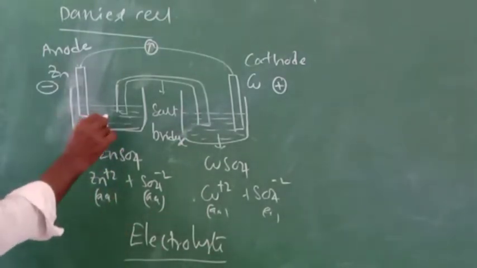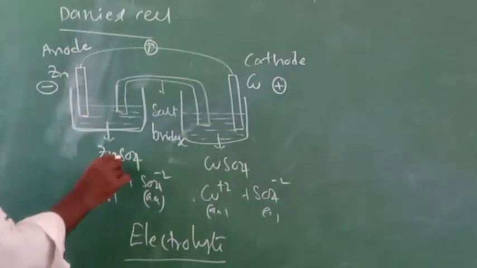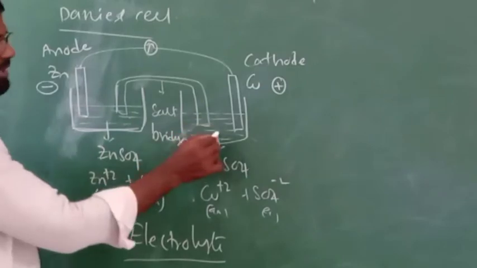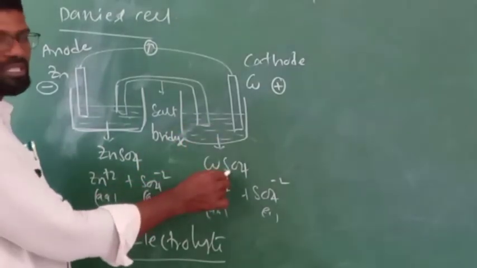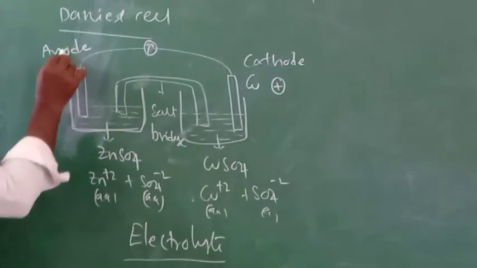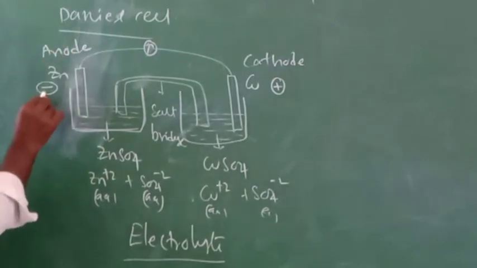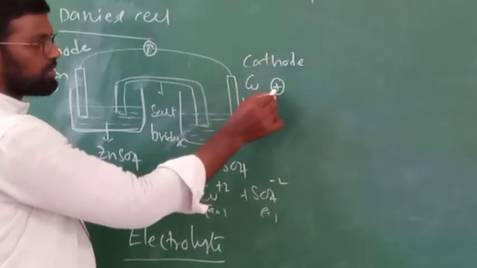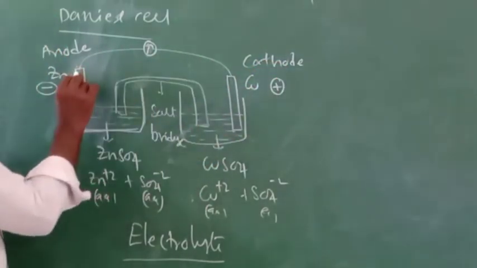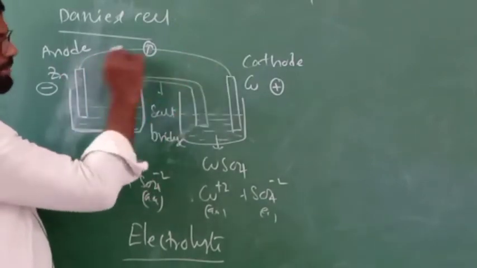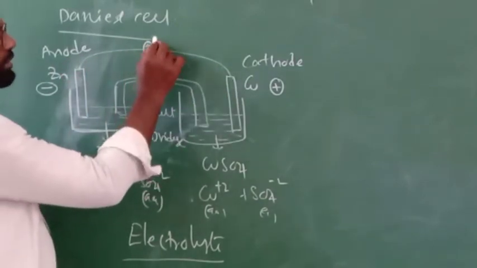In the first container in which zinc sulfate solution is present, the zinc rod is placed, and in the second container in which copper sulfate solution is present, the copper rod is placed. Here the zinc rod acts as anode, which is given a negative symbol. The copper rod acts as cathode, given a positive symbol. Anode and cathode are connected by an external metallic wire through a voltmeter.